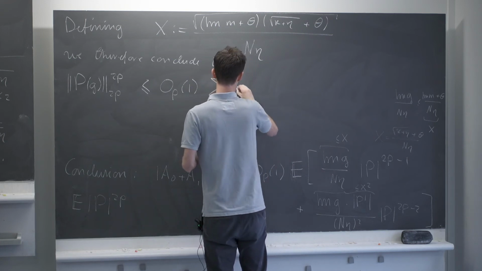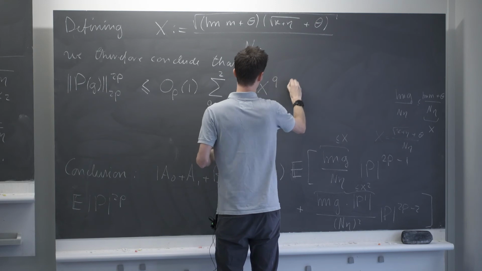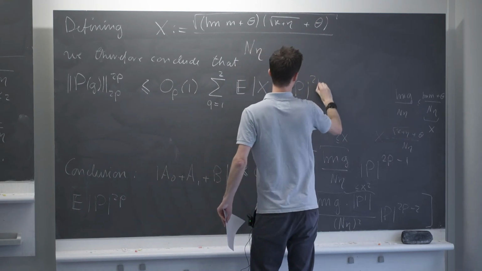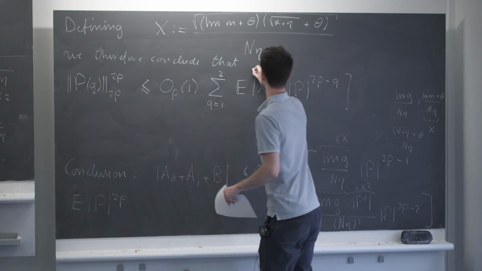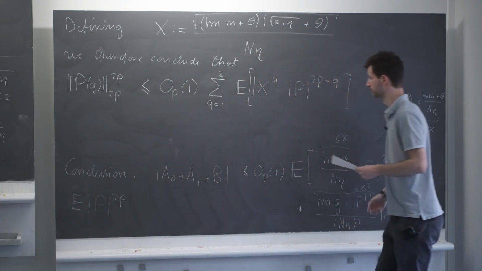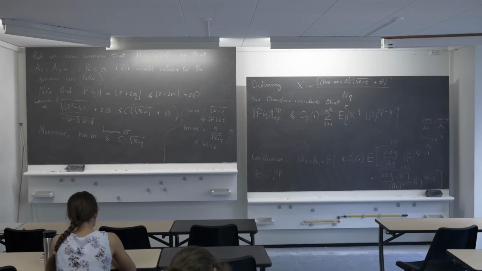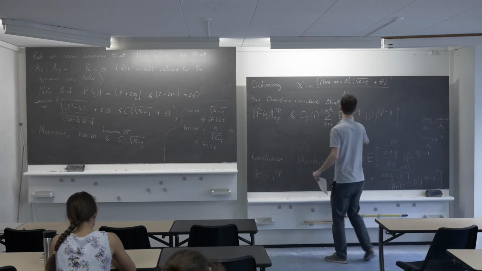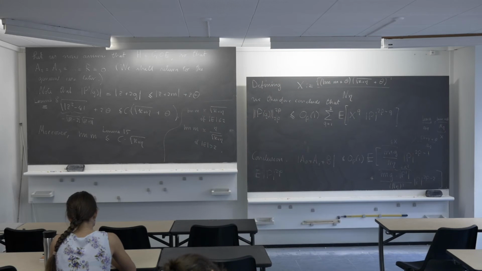The expectation of x to the q, p to the 2p minus q. So this is the conclusion of all of our estimates. And I don't need this bar here. Okay, is this all right?